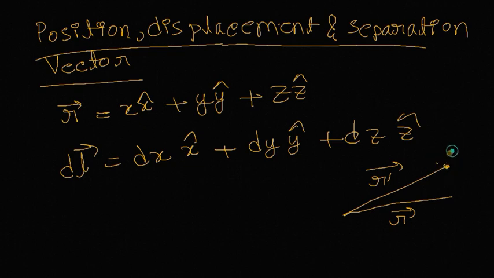Okay, first of all, this is source and this is field, and the direction from source to field is denoted by r vector, and this is an origin from which the source and field is measured.